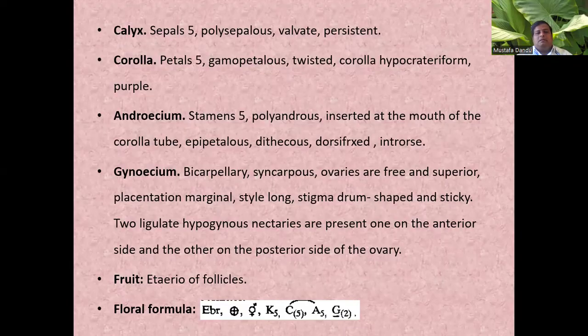Gynoecium is bicarpellary, apocarpous or free and superior. Placentation marginal, style long, stigma drum shaped and sticky. Two ligulate hypogynous nectaries are present, one on the anterior side and another on the posterior side of the ovary. Fruit is an etaerio of follicles.